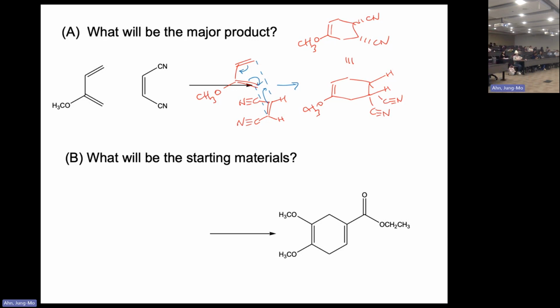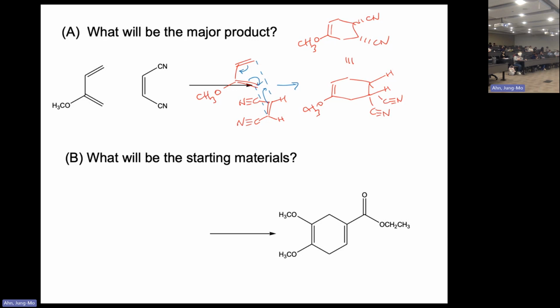The second question is looking at things a different way. We want to make this, and I'm asking you to find out what would be the suitable reactants for the reaction. Obviously we are in the topic of the Diels-Alder reaction, so I guess you are trying to find out which two reactants you need to make the Diels-Alder reaction.